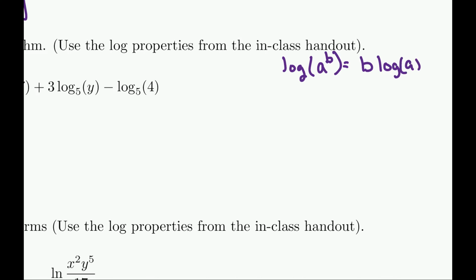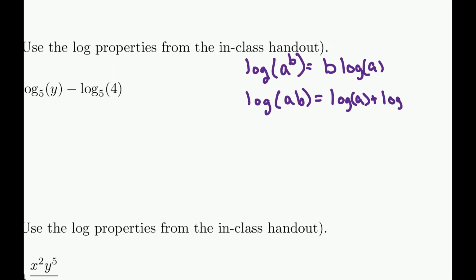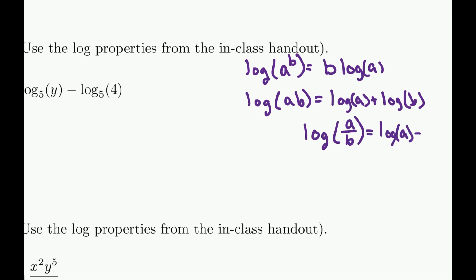That's one of the rules. Another rule is that if you have log AB, that's the same as log A plus log B. And then finally, log A over B is log A minus log B.